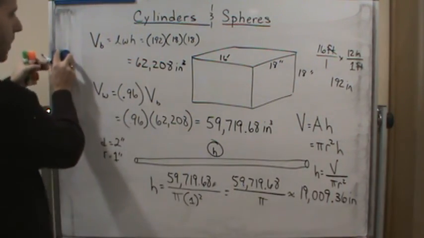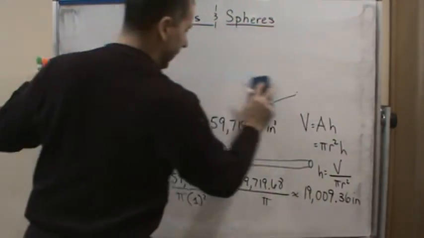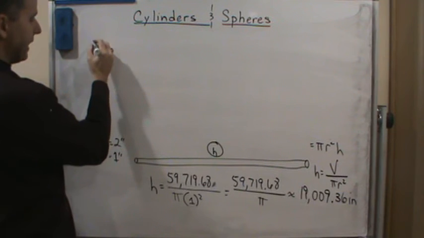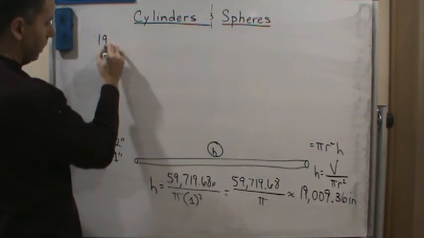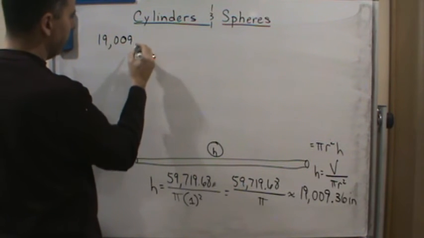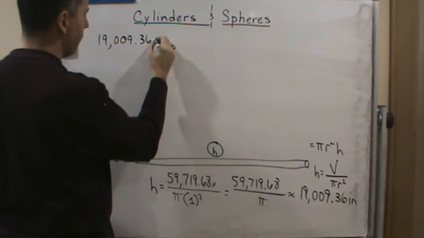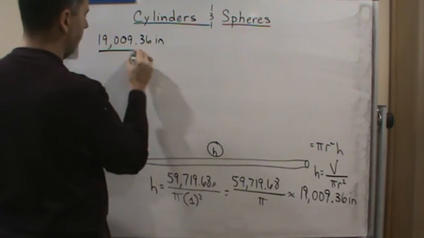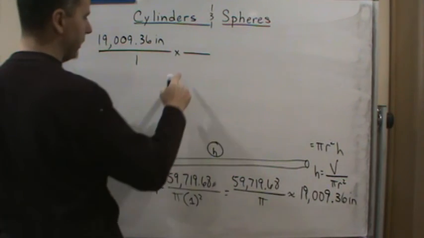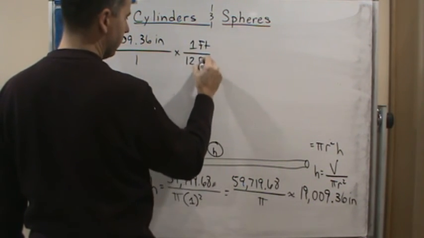The next step is we need to take this and convert it to feet. So we take our 19,009.36 inches, and now we're going to use our unit ratio: 1 foot for every 12 inches.